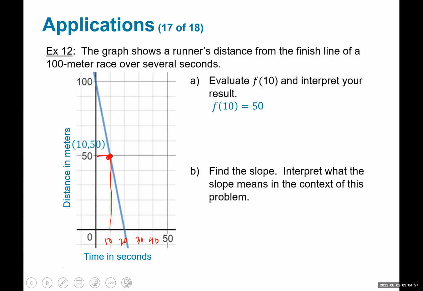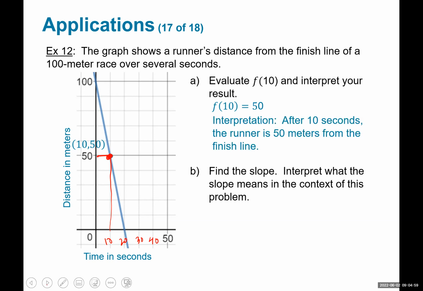It says find the slope and interpret what the slope means in the context of this problem. So we found another point on the line, (20, 0). So at 20 seconds, they were back at 0 meters. So the change in y is down 50 and over 10. So I'd say it's -5 as the slope.